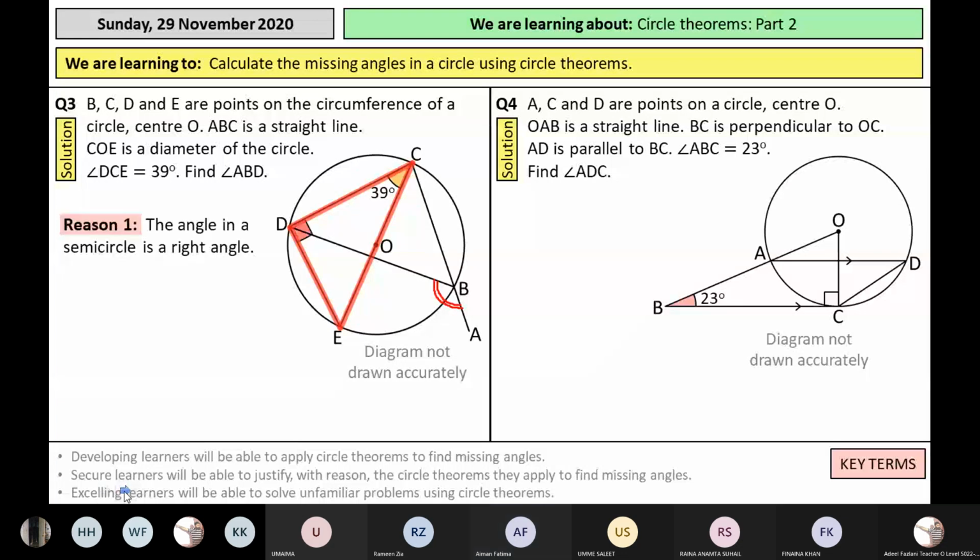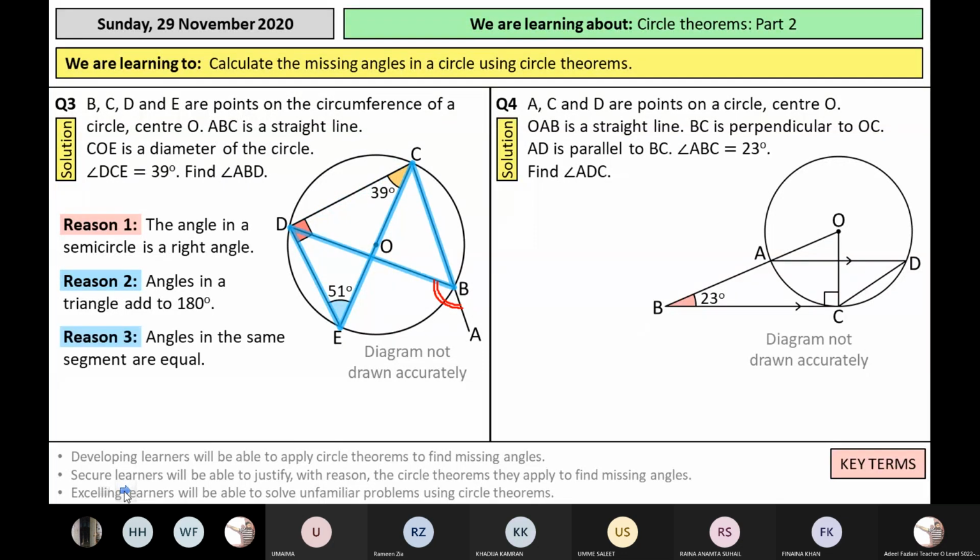Okay. Let me go for the reasons. Reason number one is the angle in a semicircle is a right angle. Now add up to 180 degrees similar to this. According to angles in the same segment, which gives you 51, and then 180 minus 51 is nothing but your 129. Honestly speaking, tell me how many of you got 129 before me.